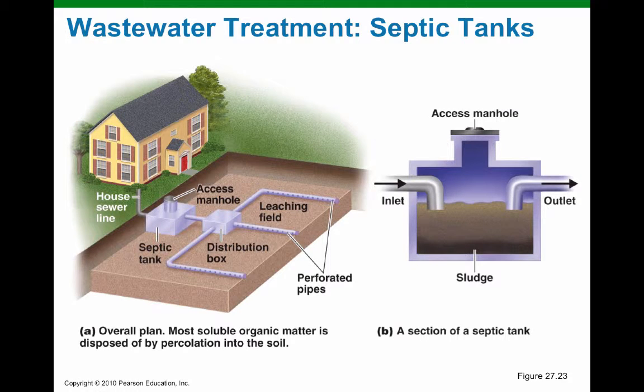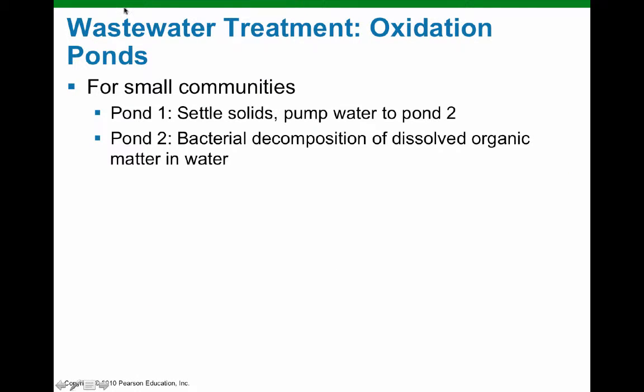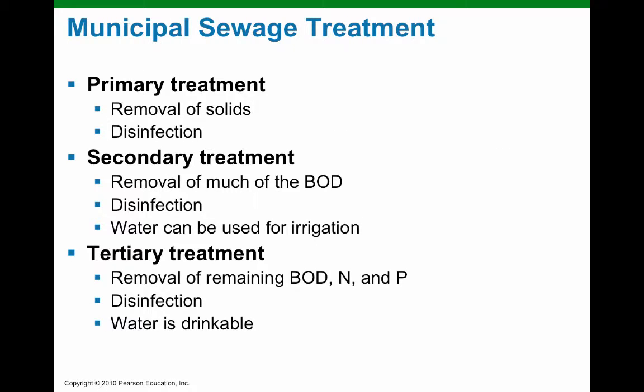It's the oxidative processes that break down the organic matter. There's also oxidation ponds. For small communities, you have one pond that will settle the solids and then pump the water to the second pond, where you have bacterial decomposition of dissolved organic matter in that water environment.